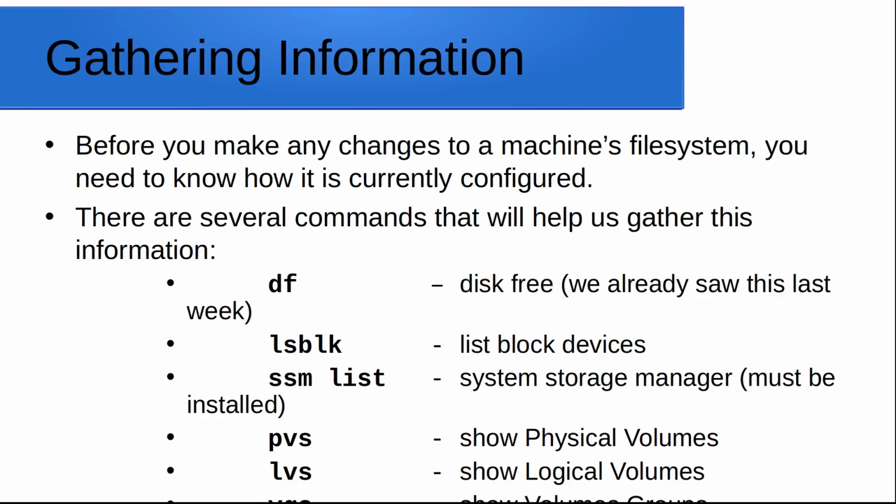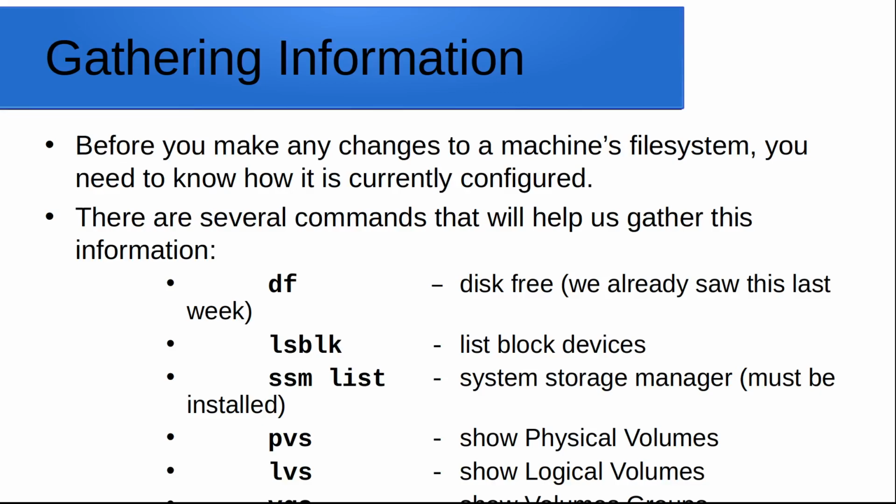Now, before you make any changes to your virtual machine's file system, you have to know how it's configured. So you can use a few commands, some that we've looked at, such as df, which shows the amount of free space on the disk. We saw this last week. lsblk, which lists block devices. ssm list, System Storage Manager.